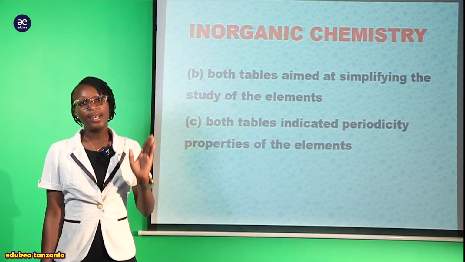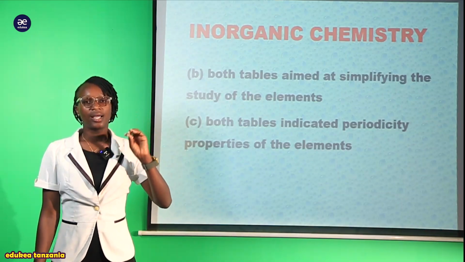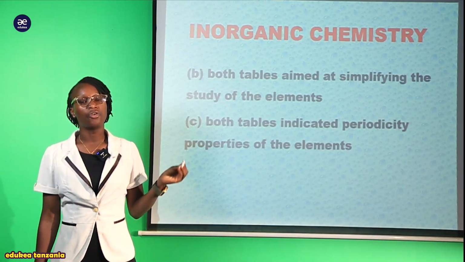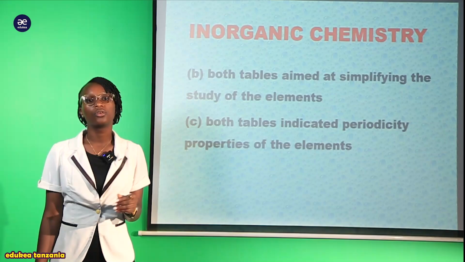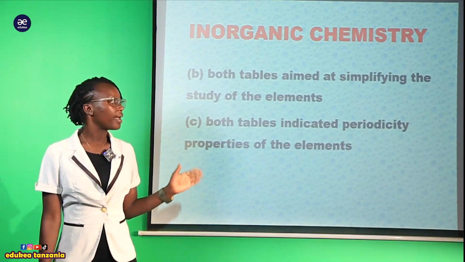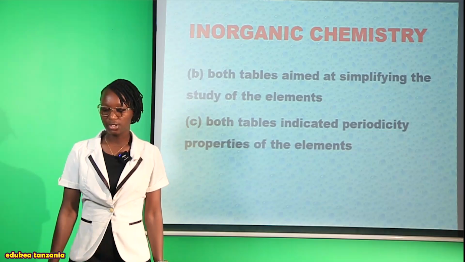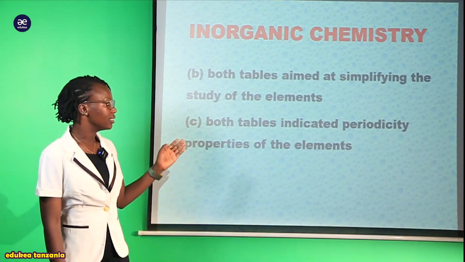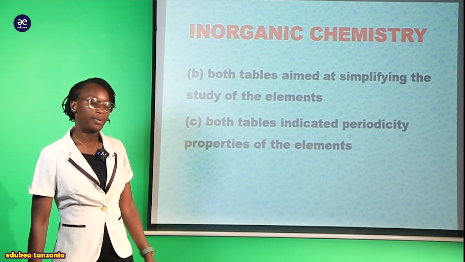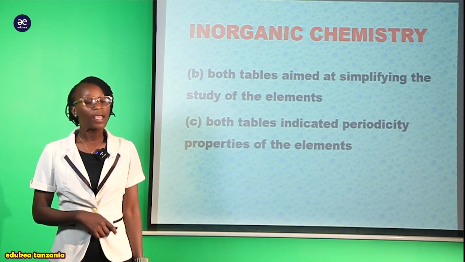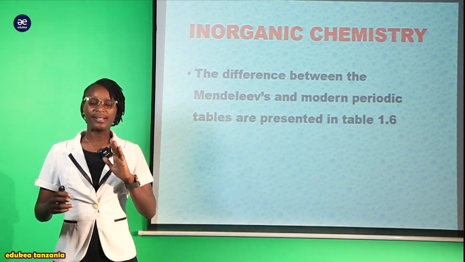Kumbuka hii ndio the first subtopic of our periodic classification. We are talking about the periodicity. Kwa hiyo utaona kwamba table zote ya Mendeleev na ya modern zote zilifanya indication ya periodicity. So now that is all about the what?